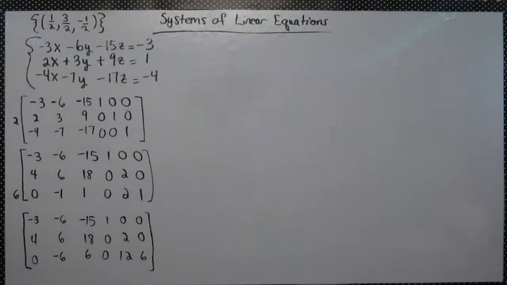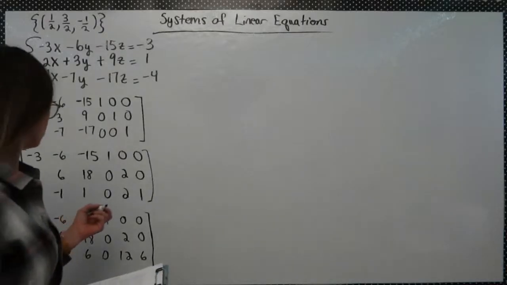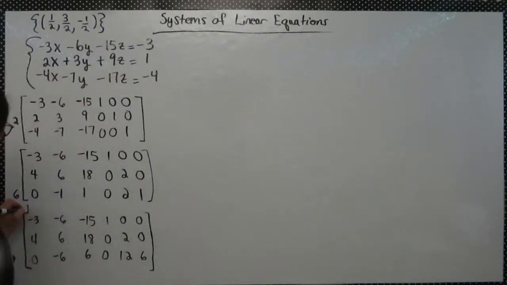Okay, so we added row 1 and row 2. So we have to add these 2 rows now. Okay. So we'll just say row 1 plus row 2. This one, let's go ahead and write these in here.